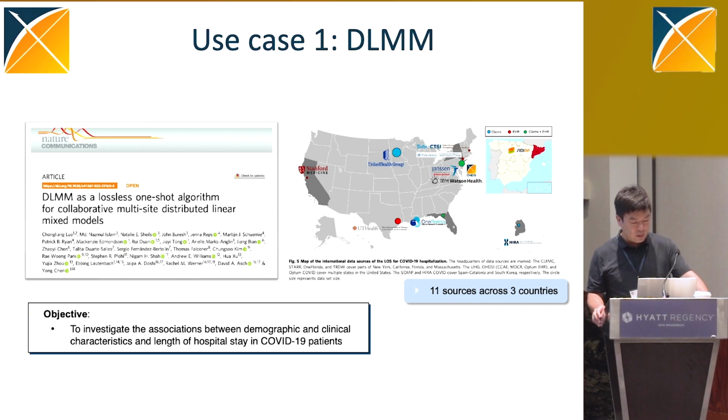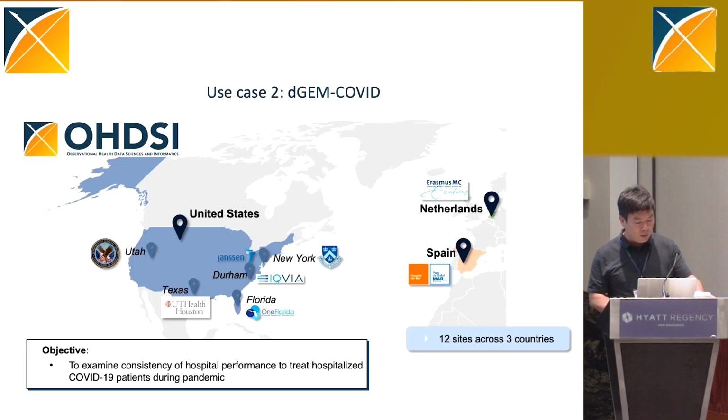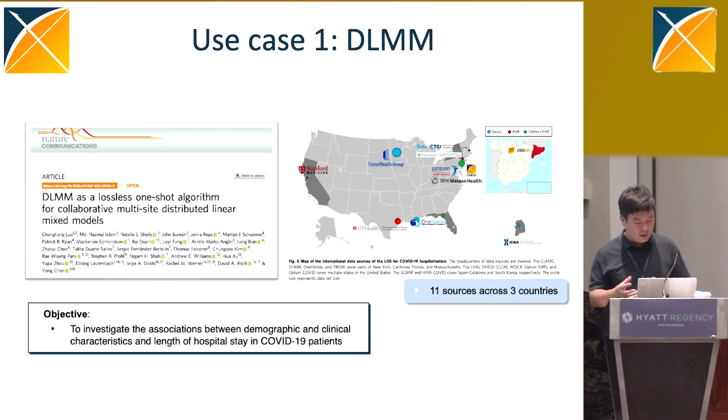So this DLMM algorithm is a really elegant algorithm to do this federation. The beauty of this is that it only requires a data partner to share summary statistics only once. So what we did was we developed a protocol. I think Jenna took the lead developing the OHDSI protocol.